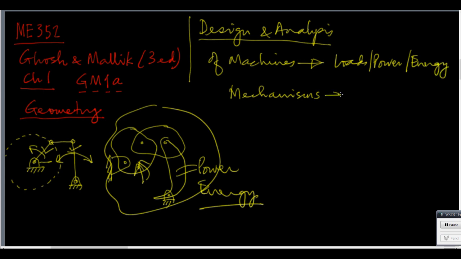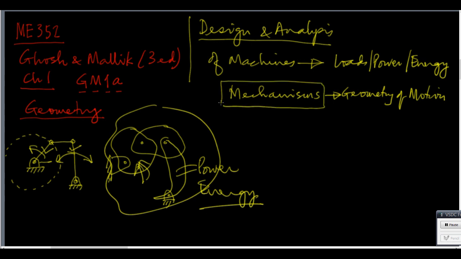But if I am just interested in geometry of motion, which is a part of the whole study, right? But if I am interested in the geometry of motion only, then it is a mechanism. So to understand the geometry, we will be looking at the mechanism part. Okay, so that's the difference between a mechanism and a machine.